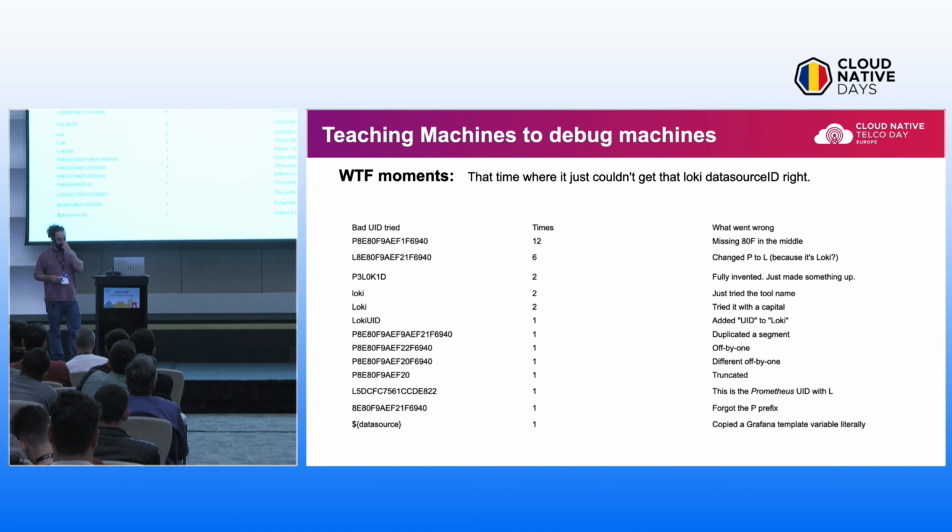But we had things like it tried to get the Loki data source ID a lot, and it failed even more, because it basically took the Prometheus one and put an L instead of the P, because it said, oh, it's Loki, it should be with an L. It just tried with a tool name directly, and my favorite is the last one where it just says, data source. Go figure it. You should know.